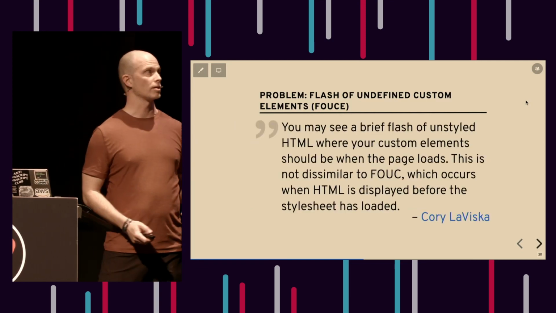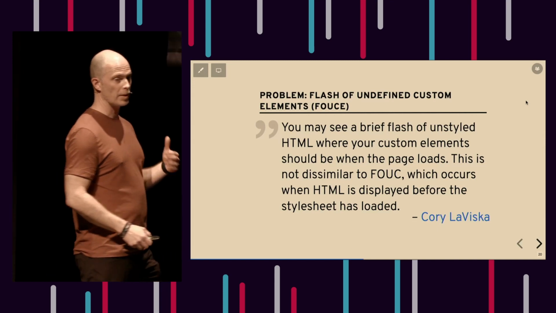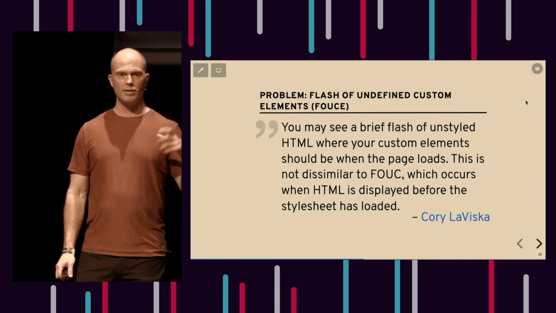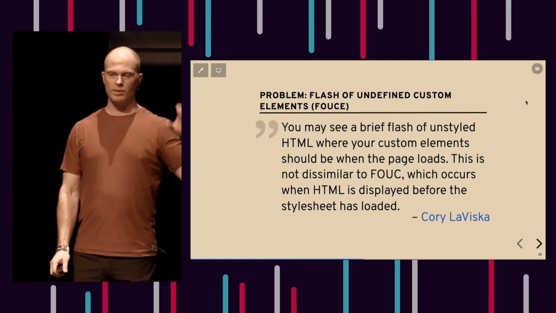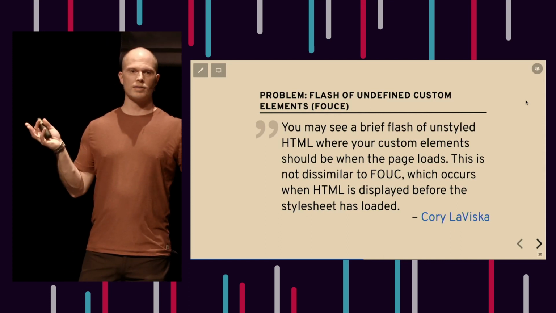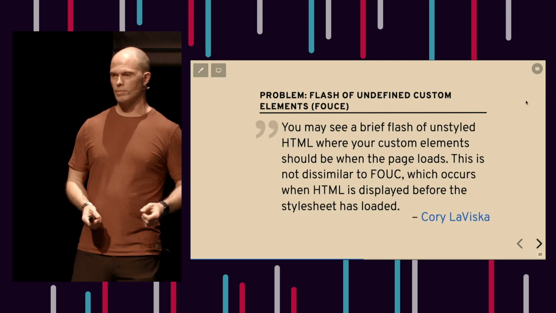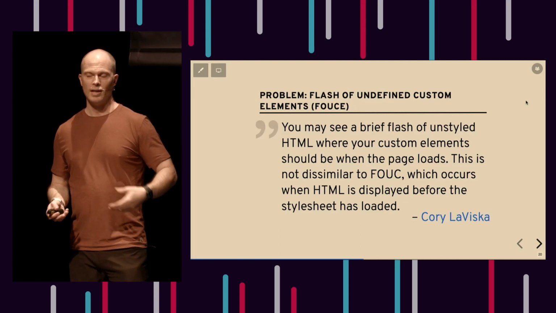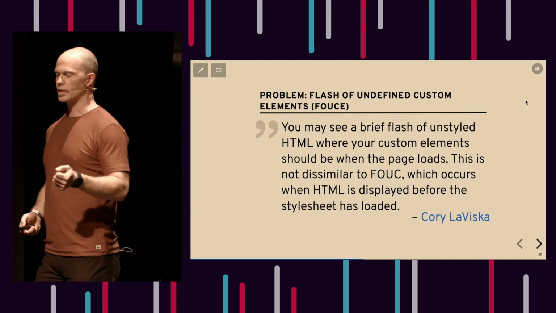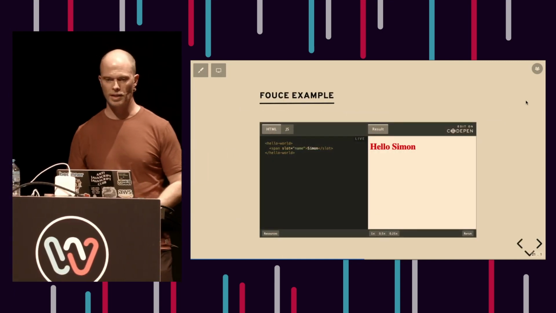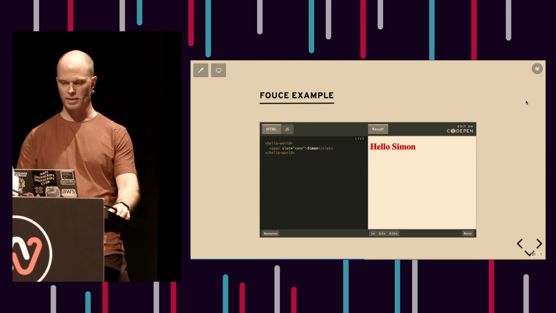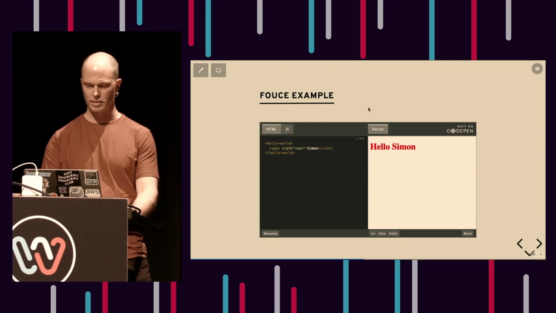I didn't coin this term, Cory LaViska did. But basically what's happening there is you have a web component defined in your HTML, and it gets loaded by the browser, and it goes, I don't know what to do with this yet because I haven't run the JavaScript. So it just treats it as a span, and it might look a little bit weird until that JavaScript gets executed.